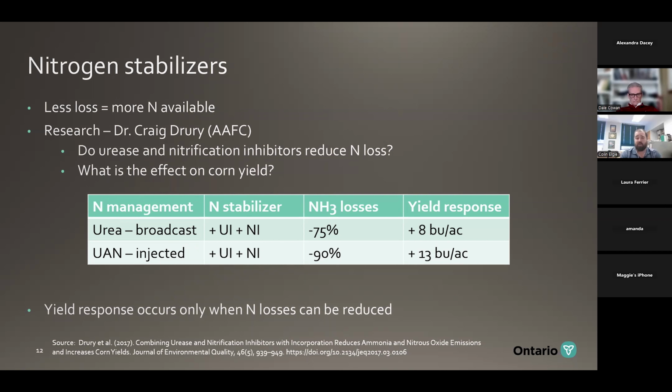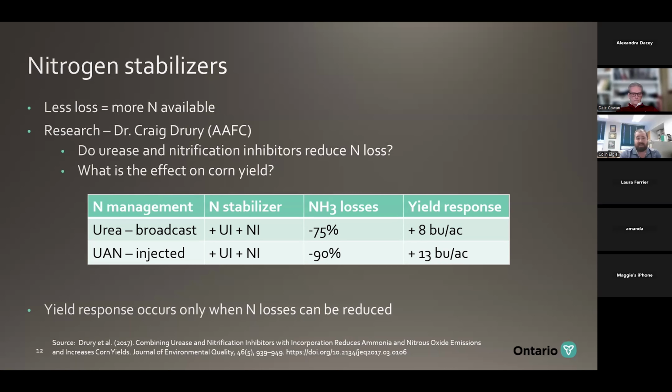And what they found was that they decreased ammonia losses quite drastically, by 75% from the urea and by 90% from the UAN. And at the same time, they increased yield, in this case by 8 and 13 bushels per acre.